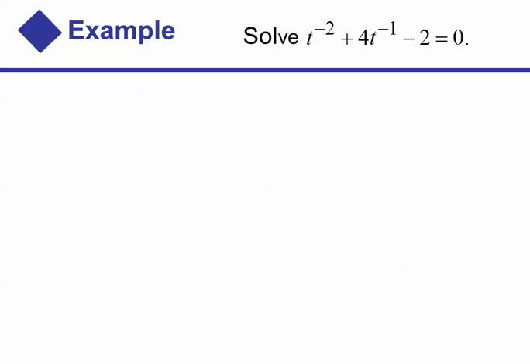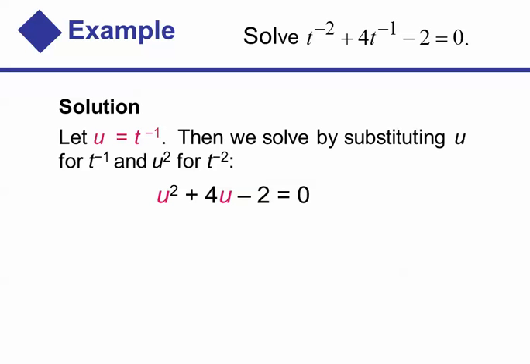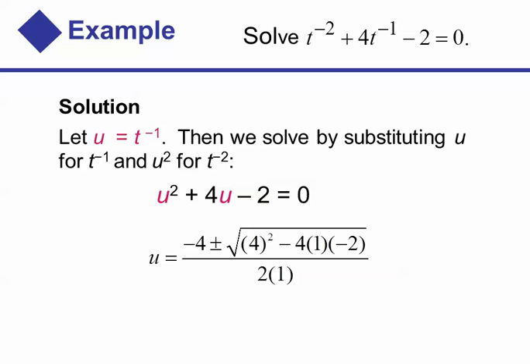Okay, how about this one with negative exponents? We are going to let u equal t to the -1, because t to the -2 is the square of t to the -1. And when we substitute that in, we'll get u squared plus 4u minus 2. This is not factorable.